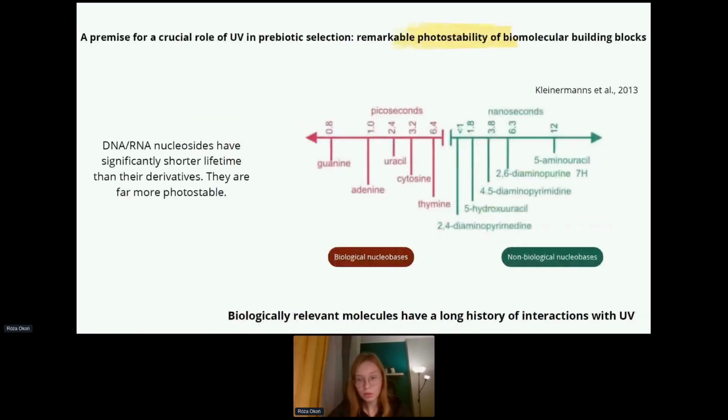Okay, and although UV is one of the many hypotheses we can find in prebiotic chemistry, like for example, life emerging in a deep ocean, there are some important premises making this theory very plausible.